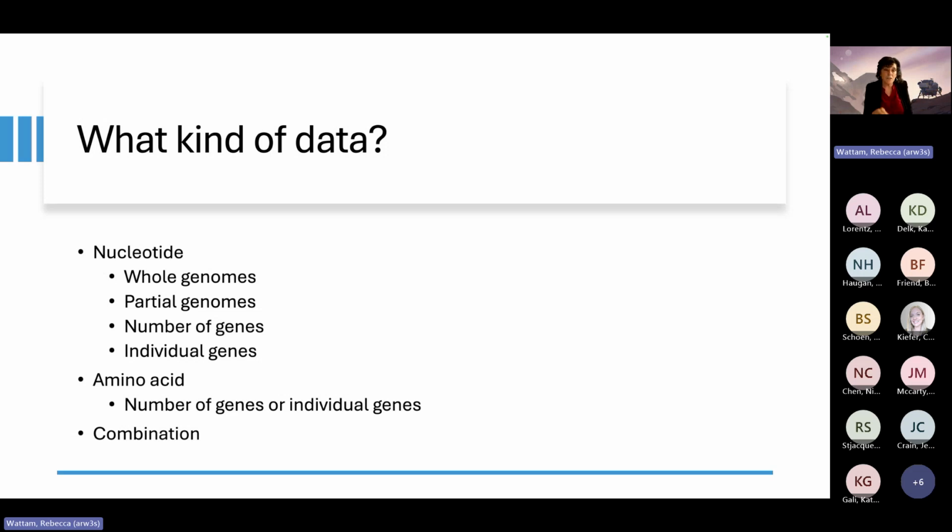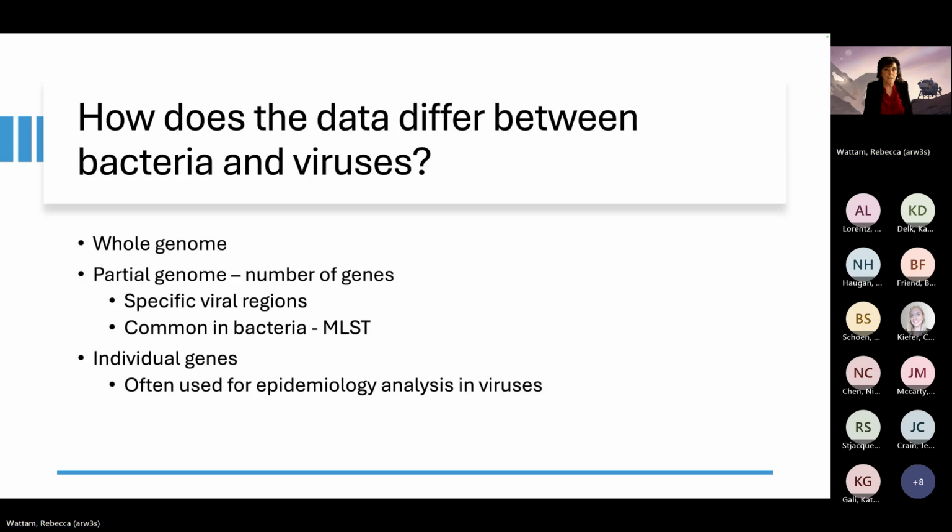Well, generally whole genomes are more of a viral thing because bacterial genomes are so large, but we'll get into those particular specifics. So basically, how does the data differ between them? Whole genome, you can use for bacteria, but we'll use different gene sets for those. But viruses, some viruses, but not all, because some viruses are big.